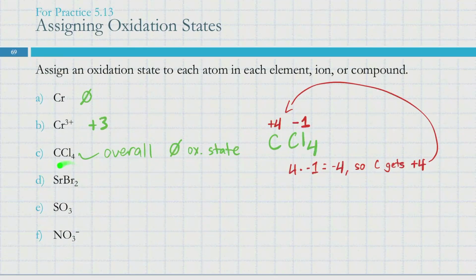For SrBr2, strontium bromide, we've got an ionic compound. In an ionic compound, the ions have oxidation number equal to their charge.